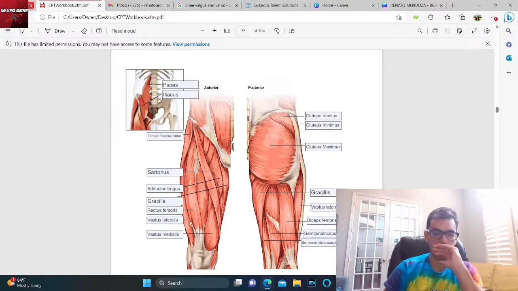Vastus medialis, vastus lateralis. Here it is, rectus femoris.